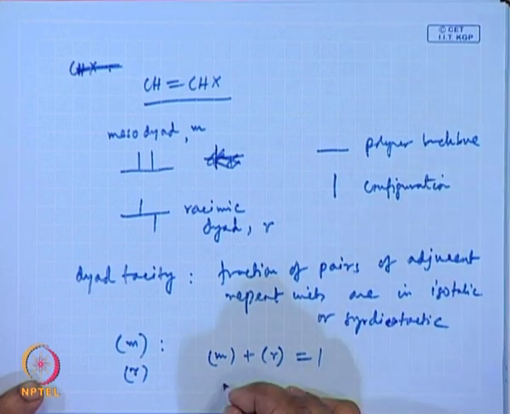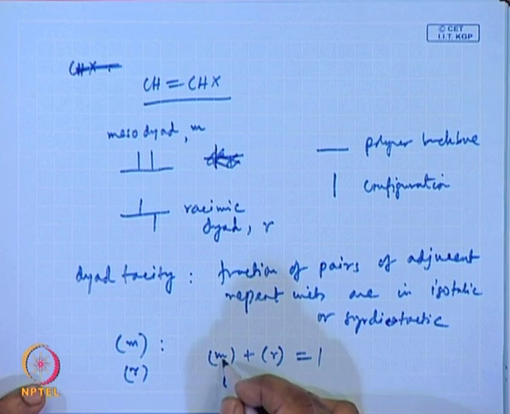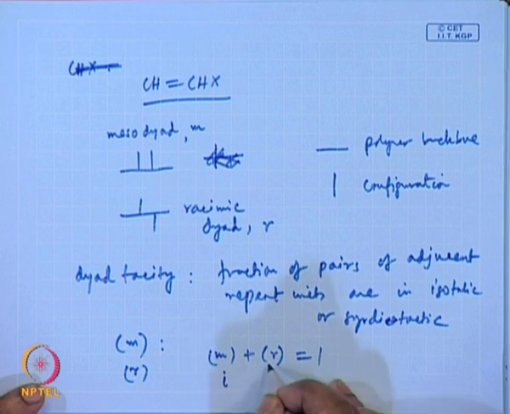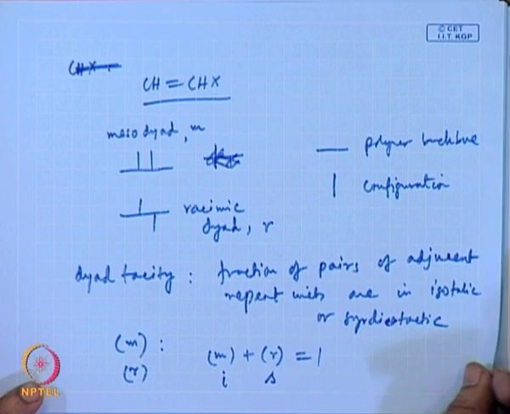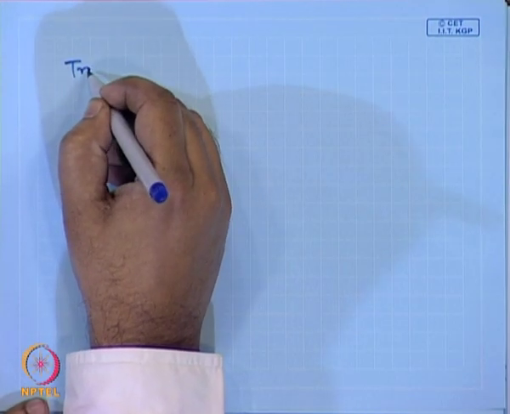Now, sometimes people write meso, which gives you isotactic, as i, and racemic, which gives syndiotactic, as a small s. Now, we also can imagine triads.